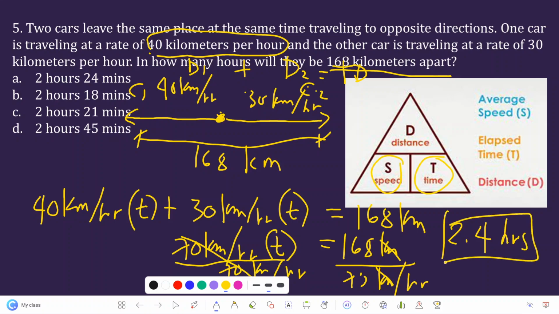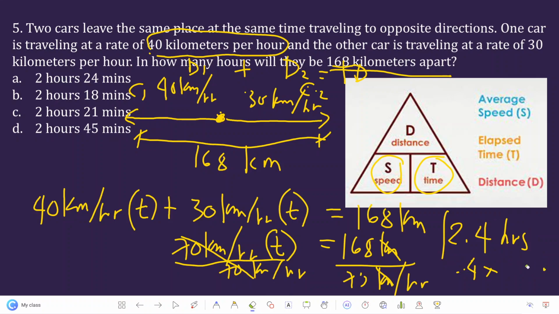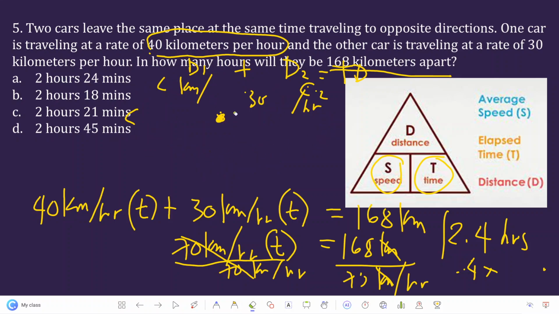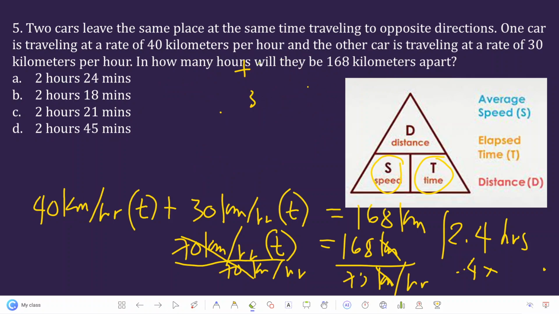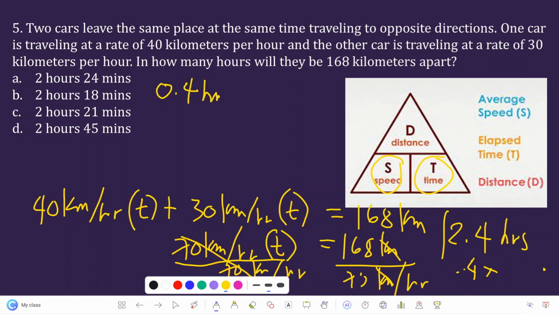And how do you solve 0.4 in minutes? You just simply multiply 0.4 times 60 minutes over 1 hour, so that you can cancel hour.